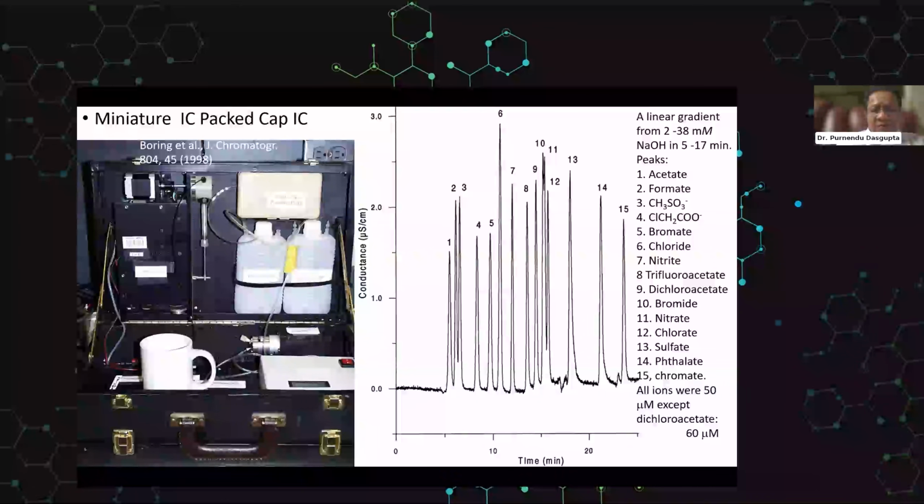The detector, I already showed you the detection cell, what it looks like. But this is the kind of thing you could generate. This is a gradient chromatogram, and it was a 180 micron column, if I recall correctly, a packed column.